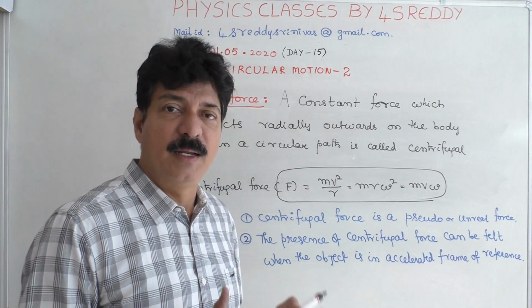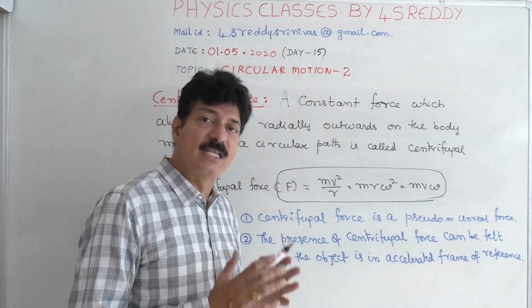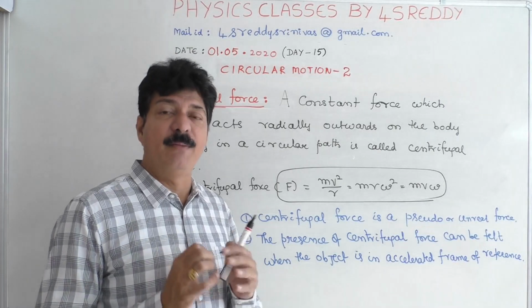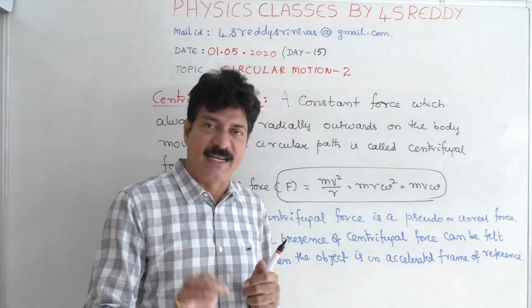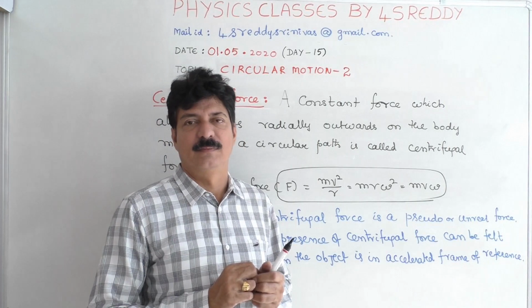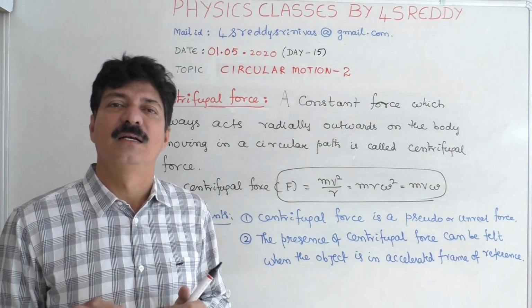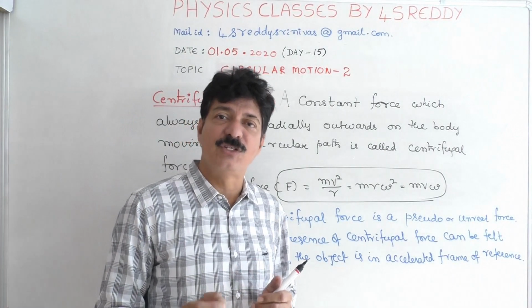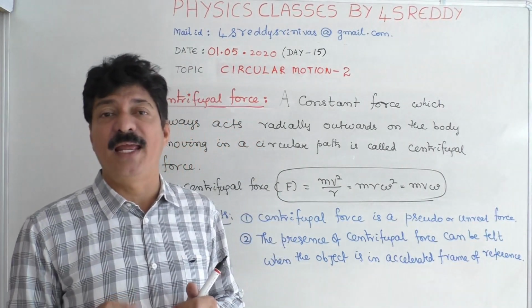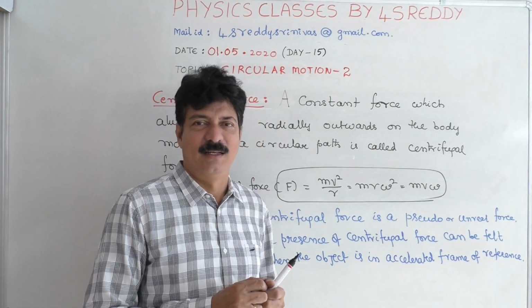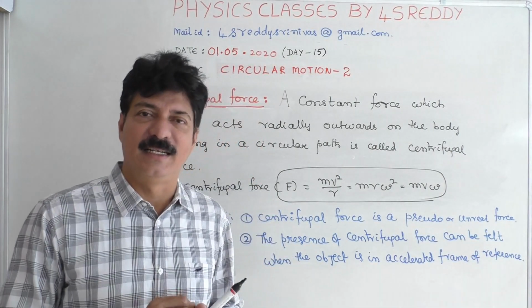Frames of reference are of two types: inertial frame of reference and non-inertial frame of reference. A frame of reference which is at rest, in which Newton's laws of motion are valid, is called an inertial frame. Whereas a non-inertial frame means a frame of reference which is in rotation or in accelerated motion.